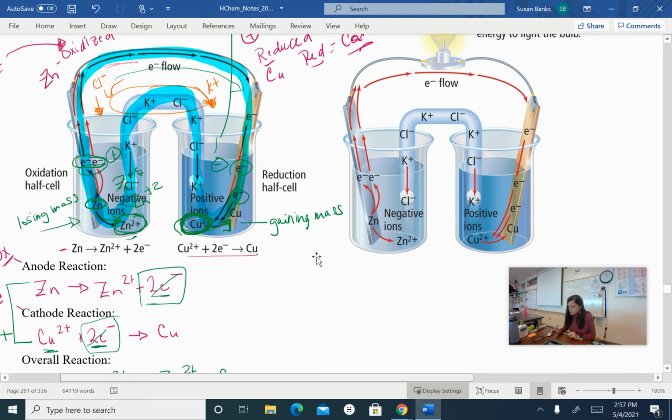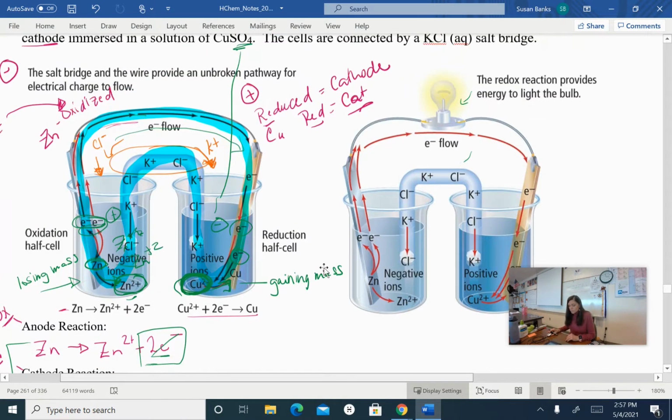Just remember, we need the salt bridge to give us the flow of ions so that we can keep the flow of electrons going over the wire. That flow of electrons provides the energy to do work, like light a light bulb, or turn on my calculator, this computer that I'm using right now, my cell phone, my watch.